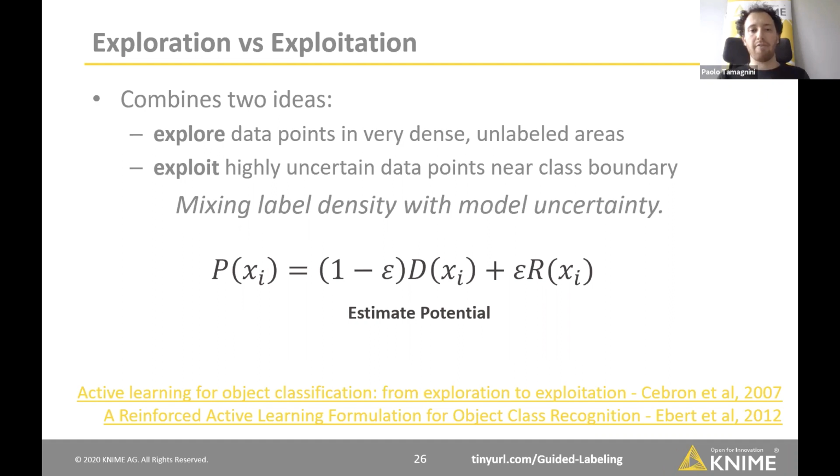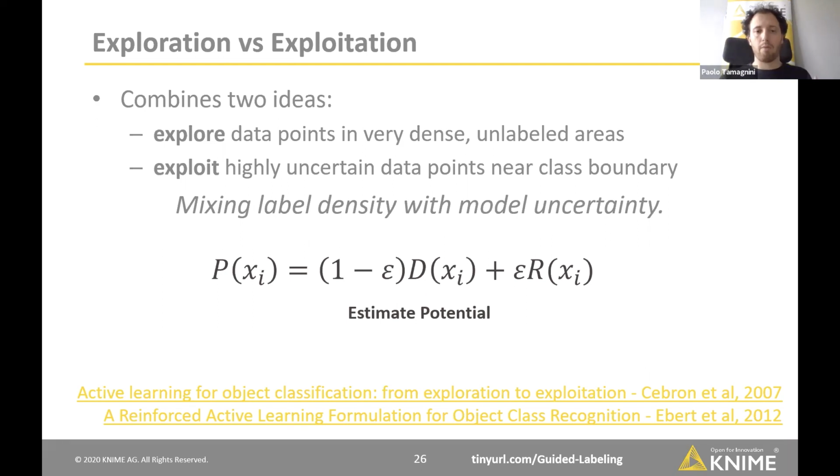So we have here the two formulas summed together, and there is this epsilon parameter here. The epsilon parameter goes between 0 and 1, and it gives how much each score contributes. So if epsilon is 0, you have only the density score using the potential score. If epsilon is 1, you have instead only the exploitation score.